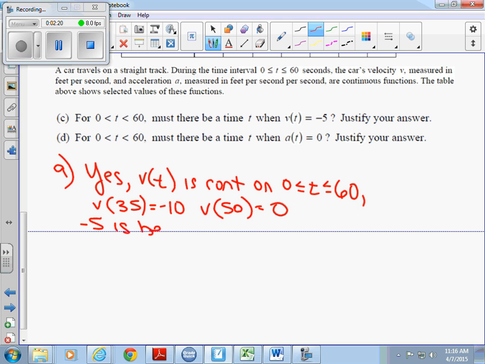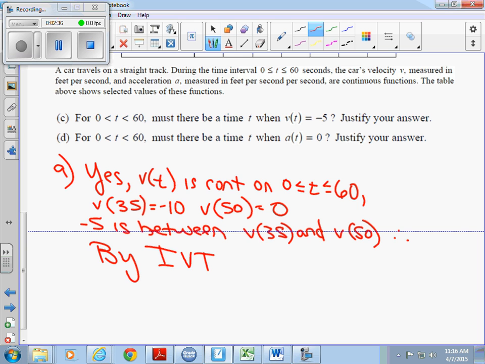-5 is between, you can say this mathematically or just with words, B of 35 and B of 50. Therefore, by the intermediate value theorem, there exists, remember that backwards E for there exists, you can just say there exists if you remember it, a number C such that B of C equals -5.